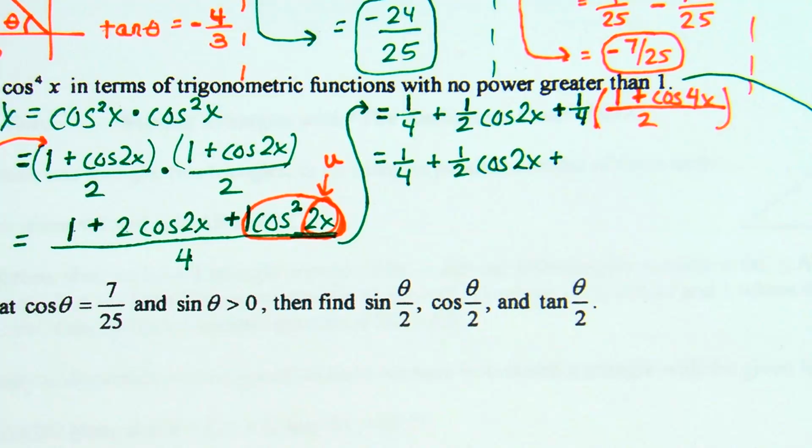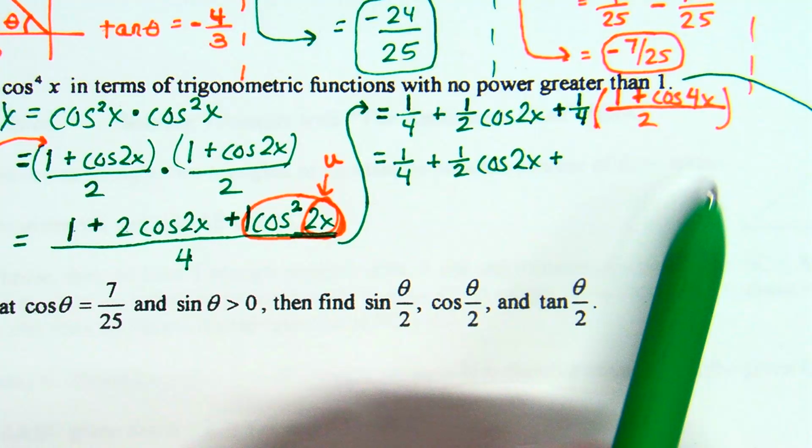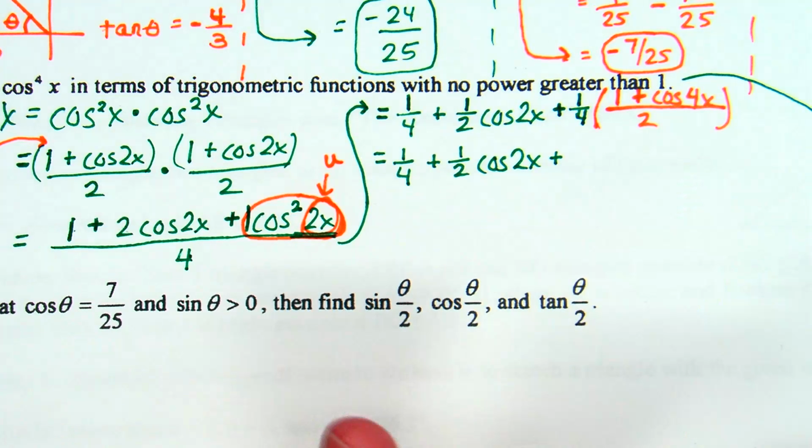The key is at this point, even once we multiply that 1/4 in there, we're not going to get anything bigger than power of 1. So we're safe in terms of power. So that's why it says just clean up. But can you split this into 2 fractions with me? If I keep that 1/4 out front, this 2 in the denominator goes with what? Each term in the numerator, right?